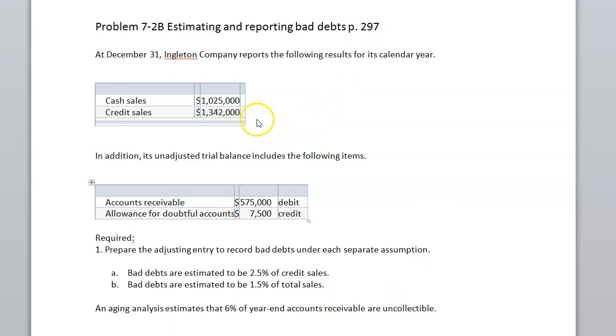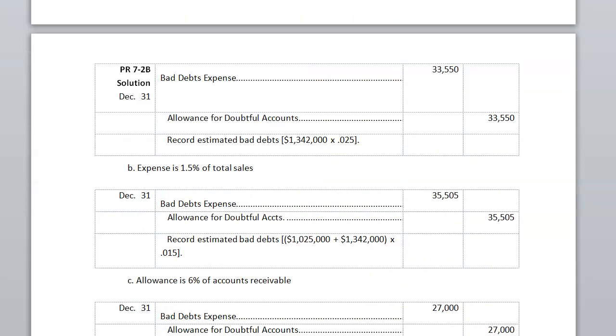So you're simply going to take your credit sales, 1,342,000, times 2.5% or 0.025, and that's going to give us 33,550. So I have below here the actual solutions. The journal entry to record bad debt expense, it's always going to be these accounts. We're going to debit bad debt expense and we're going to credit the allowance for doubtful accounts.